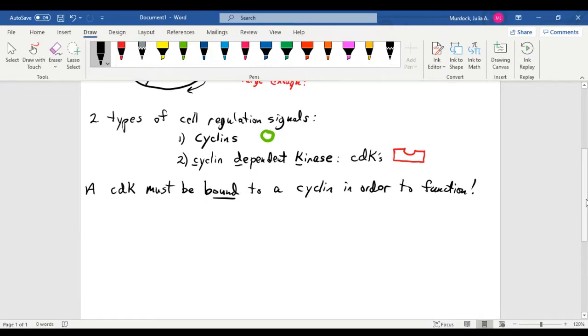In other words, it can't do any phosphorylating. It can't activate anything unless it looks like this. The CDK is not going to be able to do any activating or signaling unless it is in combination with a cyclin. It has to look like that. So that is a functioning signal molecule.